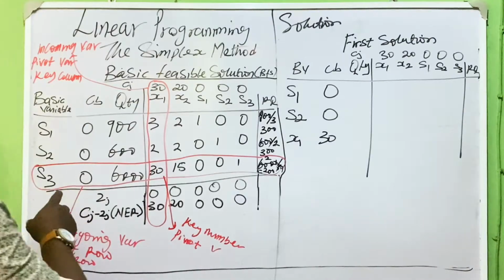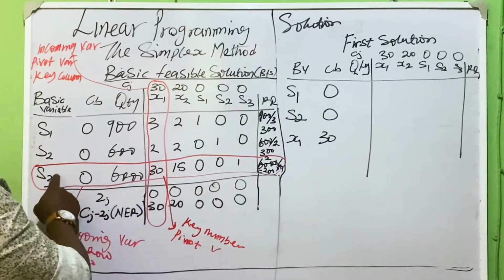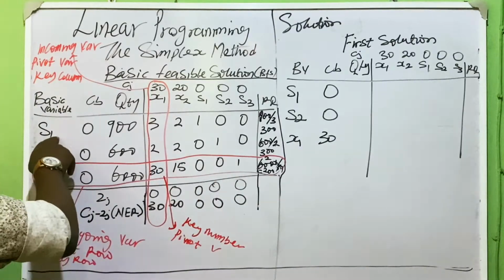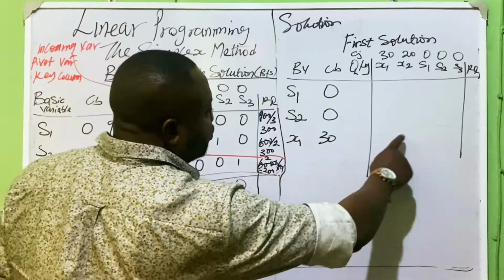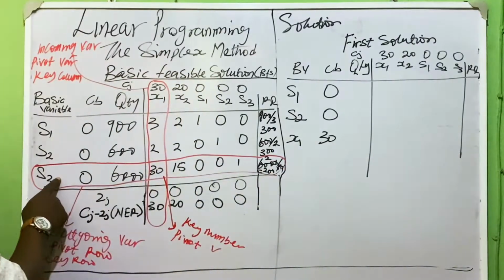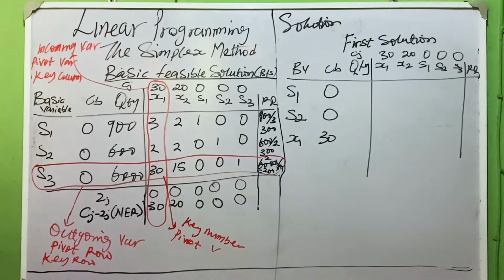So the rule guiding the transformation of a key row is different from the rule guiding the transformation of non-key rows. So the first thing we're going to do is to transform the key row, which is S3.